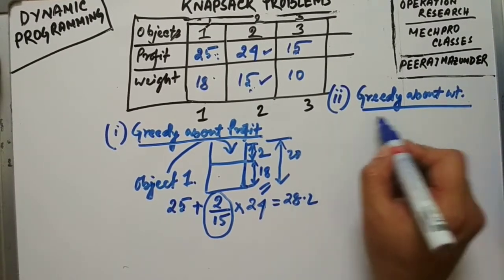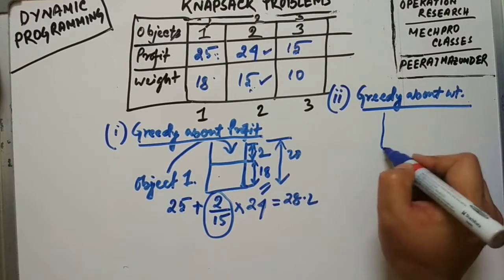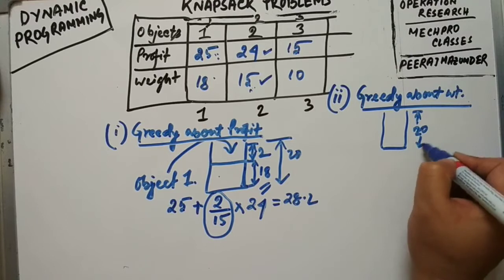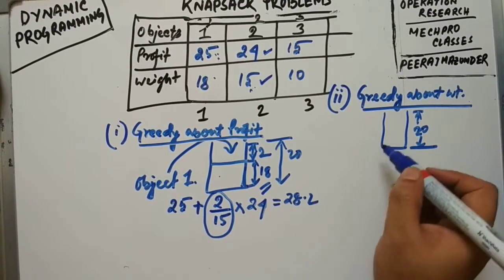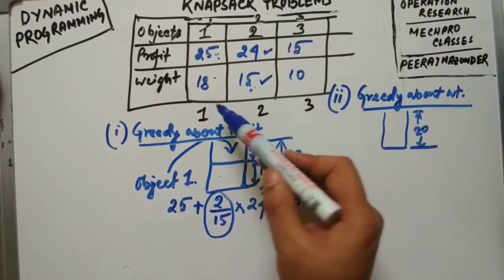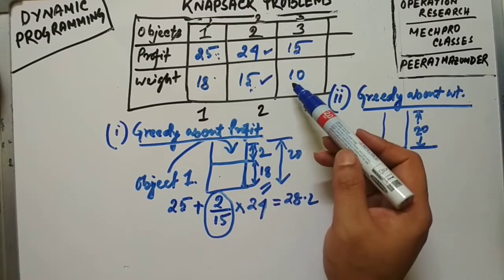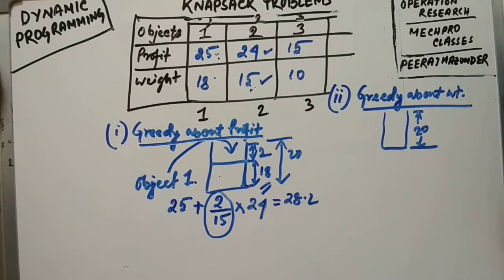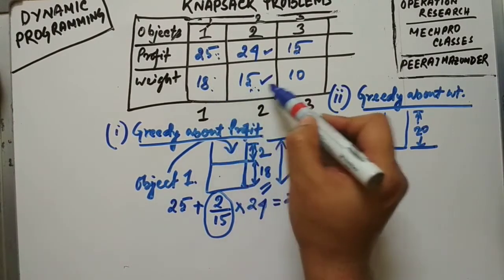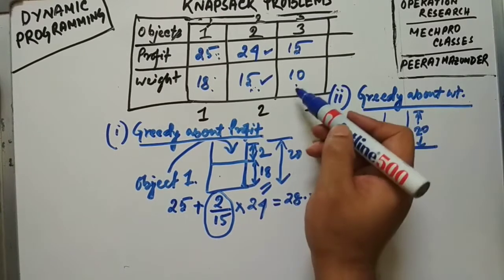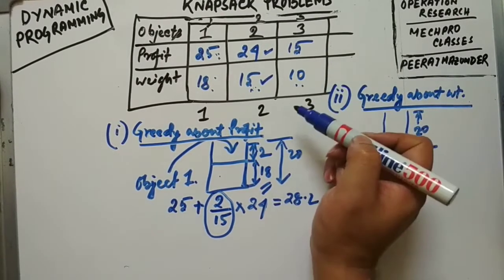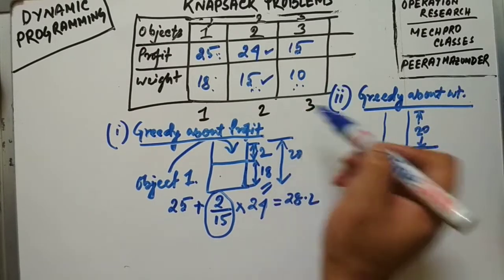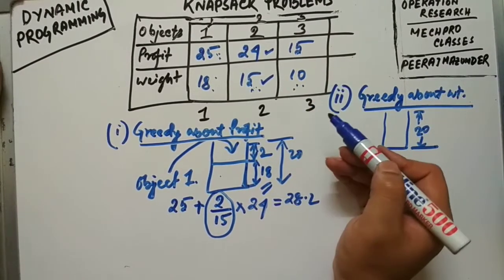Now look, we have the total capacity as 20. We are greedy about weight, so we have to find the weight first. We have 18, 15 and 10, so we will look at the minimum weight. Why? Because if we start from the minimum weight, we can fill as much as possible.